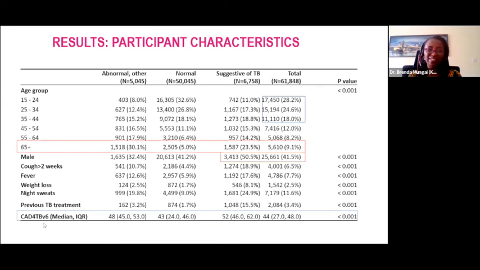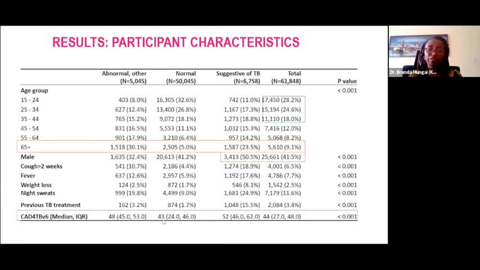So I wanted you to see the CAD median scores. For those, remember this classification of abnormal other was by clinical officers: normal or suggestive of TB. So you can see the CAD scores for those that were classified abnormal other were about 48 with a median of 45, interquartile range of 45 to 53.